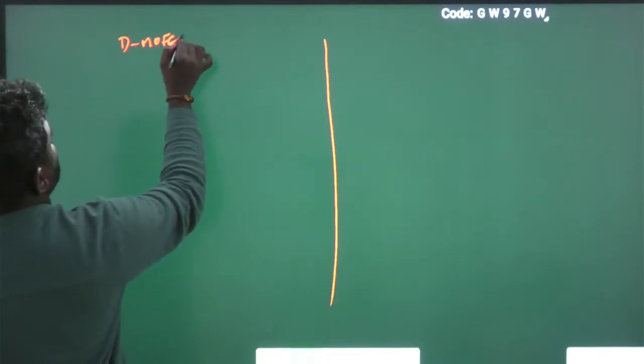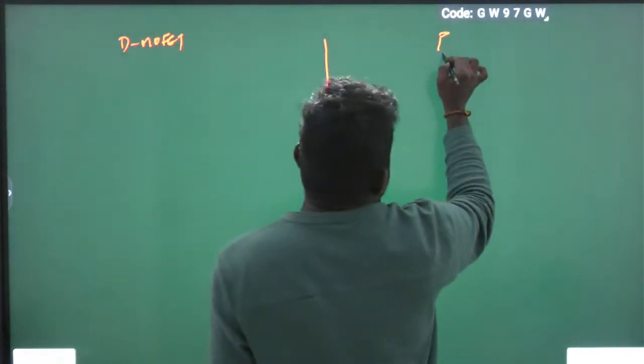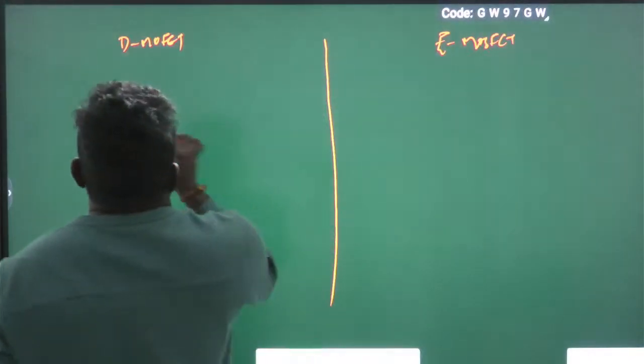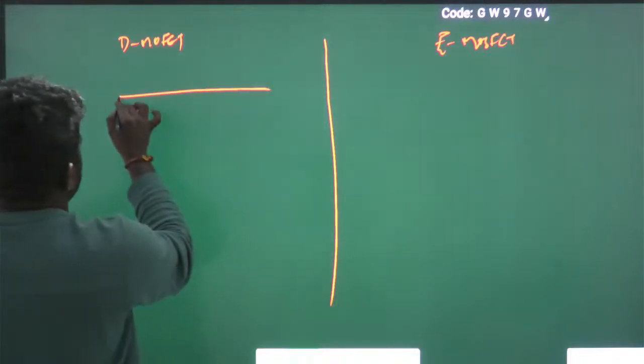D-MOSFET and E-MOSFET. Now see the diagram of D-MOSFET.